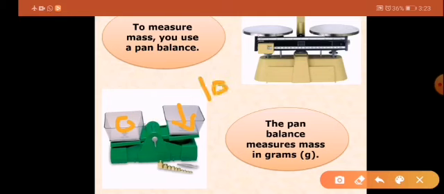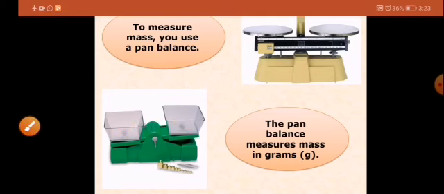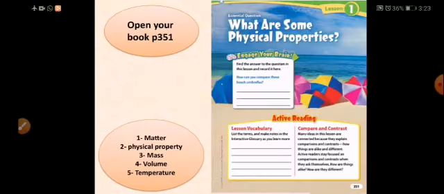If you say just 10, can you understand what this 10 means? Of course not. It can be temperature, it can be length, it can be anything. But if I say 10 grams, now you understand that the 10 grams is the mass of my pencil. Okay? So we use grams with the mass.